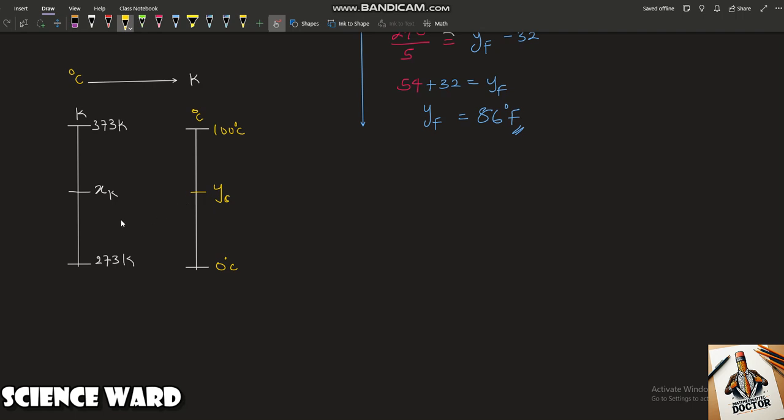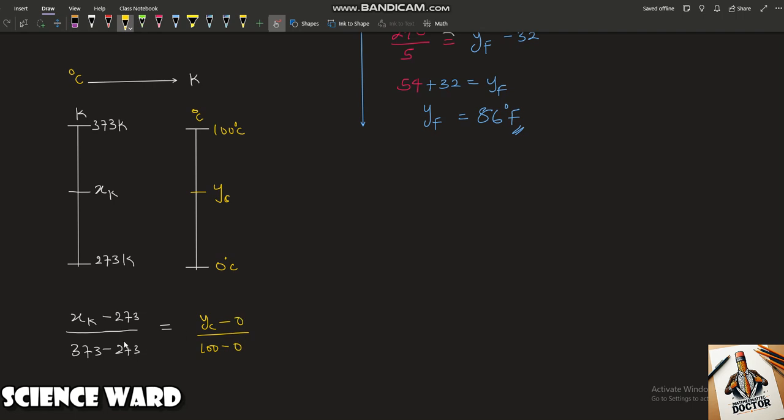Now, in that case, we'll have to use the same principle we used earlier before. That's going to be xK minus 273, divided by 373 minus 273, and this will be equal to yC minus 0, divided by 100 minus 0.